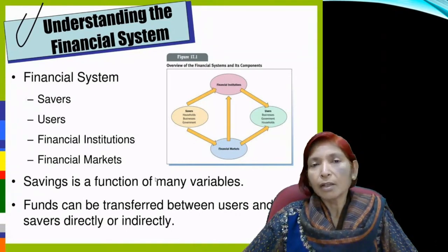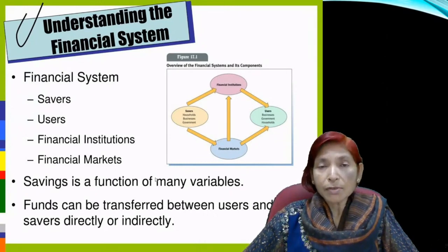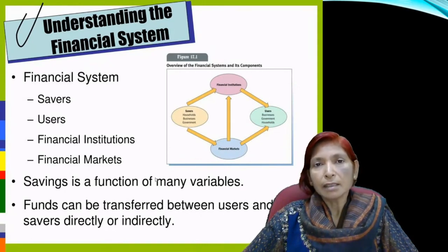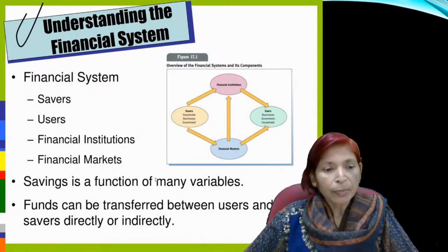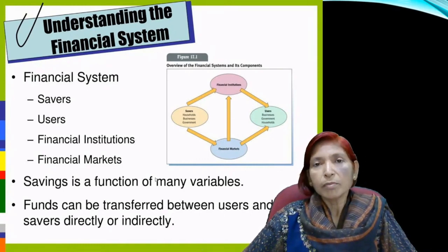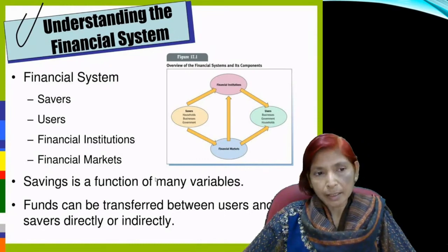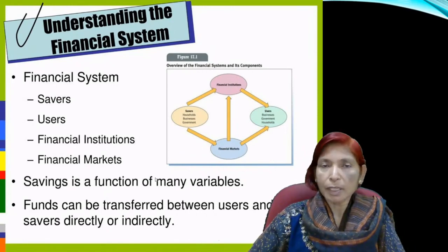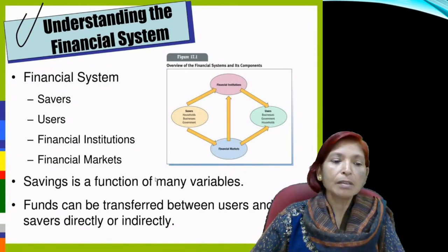Savers can keep their money in banks, securities, or other instruments of the financial market. So funds can be easily transferred between users and savers, directly or indirectly. So the financial system mainly tells us about savers, users, financial institutions, and financial markets.